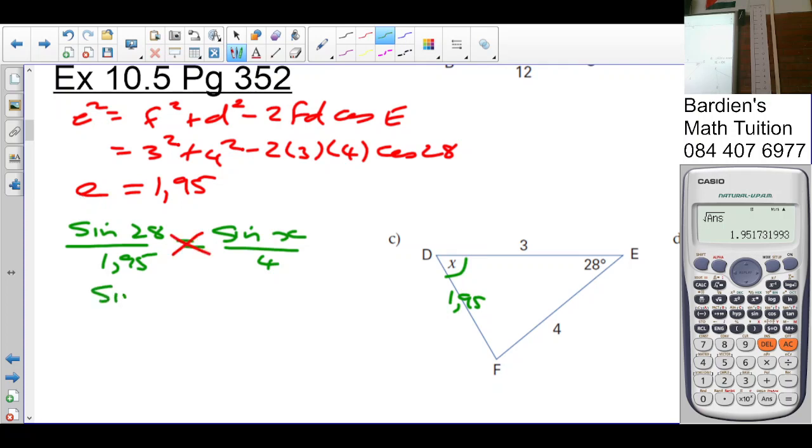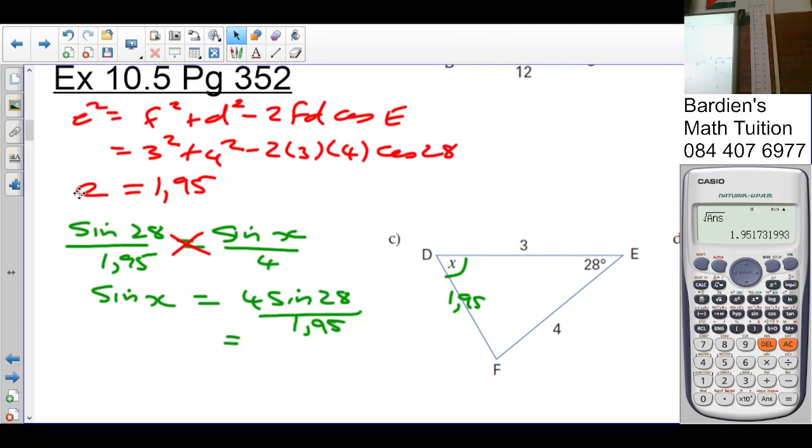So sine x times 1,95 is equal to 4 sine 28. Divide by 1,95 both sides. So you got 4 sine 28 over 1,95. Arc sine thereof.